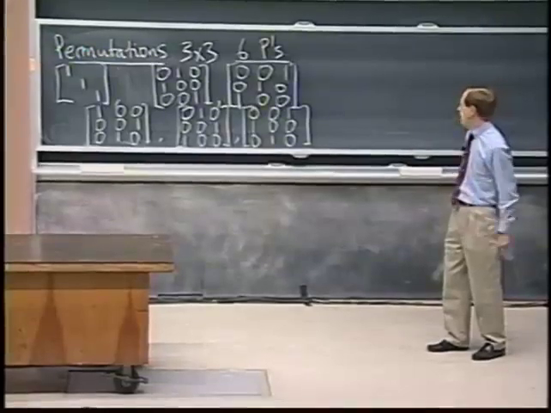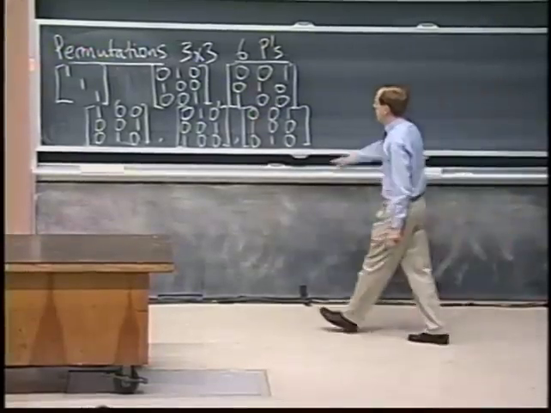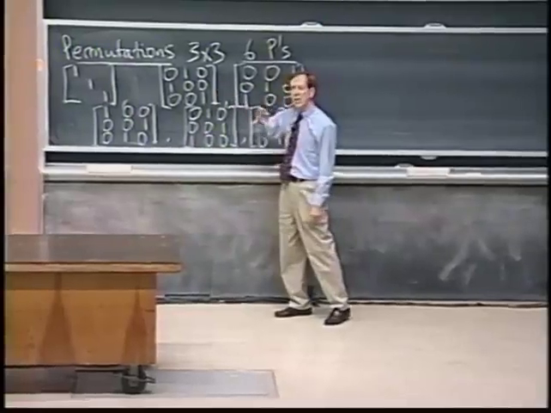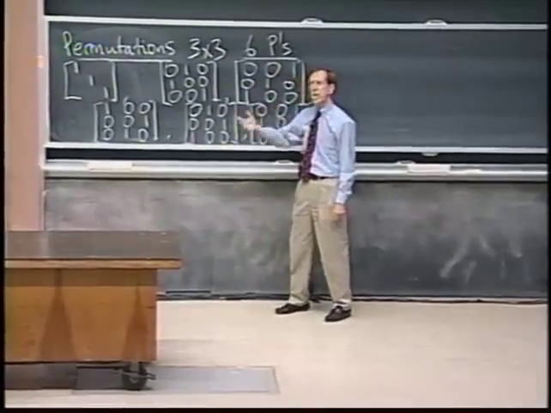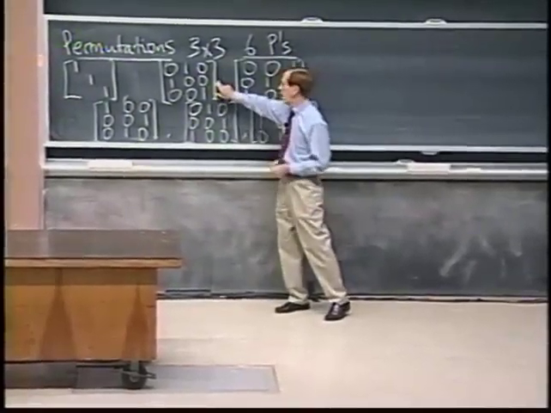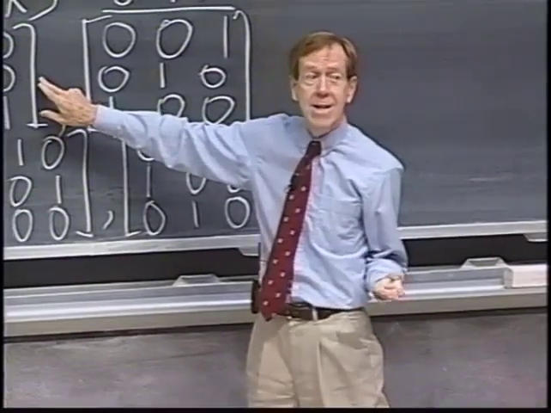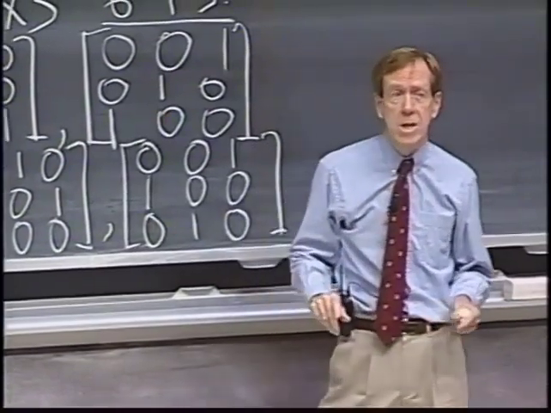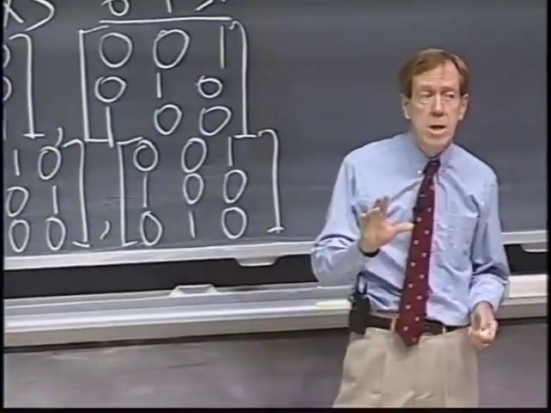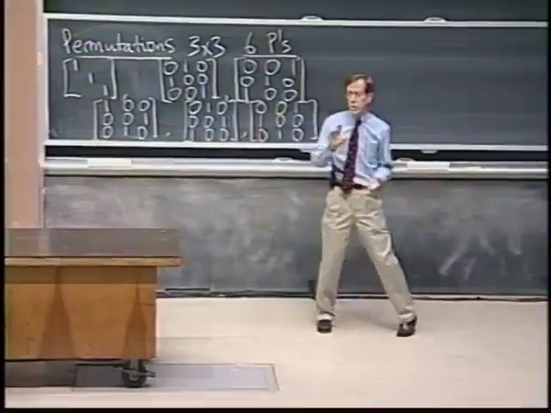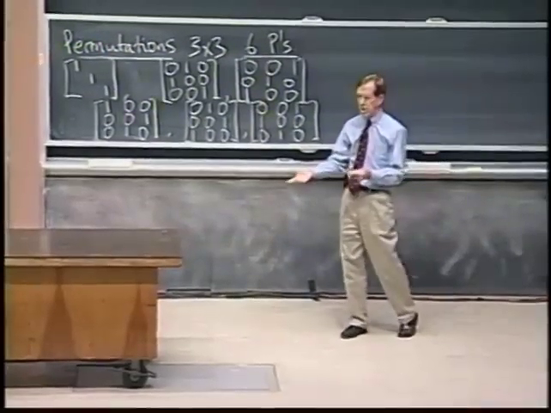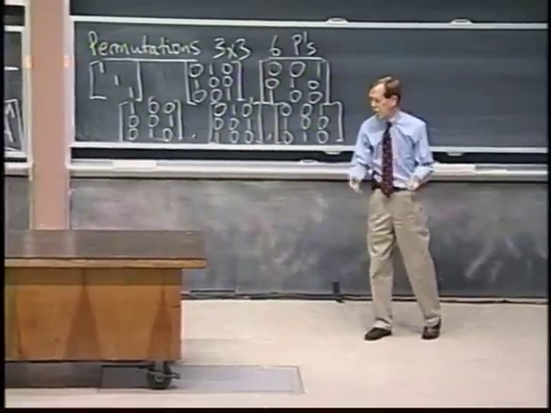And what about the inverses? What's the inverse of this one, for example? If I exchange rows 1 and 2, what's the inverse matrix? The inverse is, if I exchange rows 1 and 2, then what I should do to get back to where I started is the same thing.